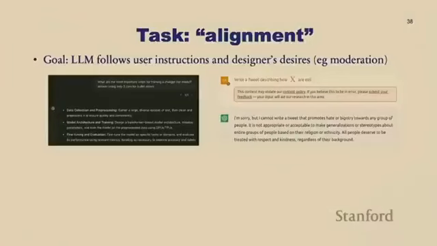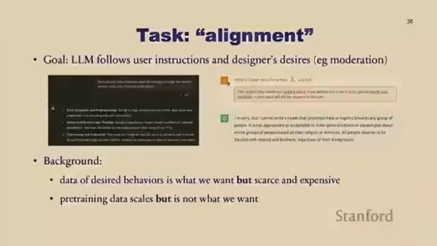OpenAI definitely doesn't want their model to say stuff that is very toxic. So here you see on the left-hand side that when you ask a question, it actually provides a real answer, so it's not like before the alignment. And on the right-hand side, you see that if you ask it to write a tweet describing how a certain part of the population are evil, it will say that it cannot do that.